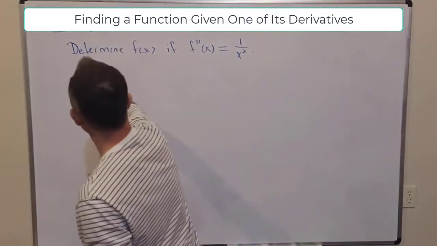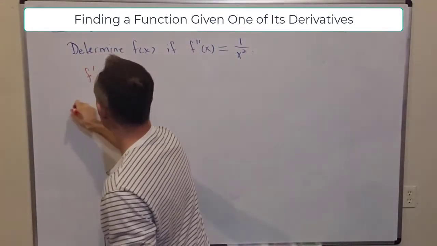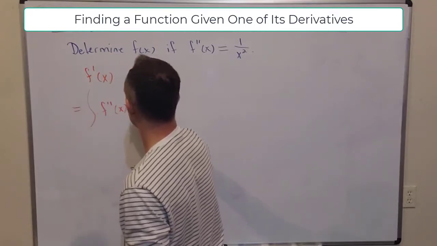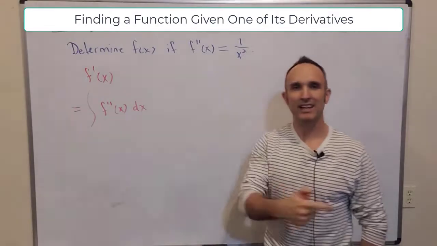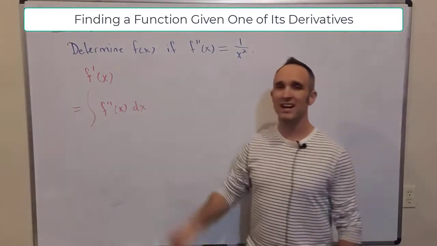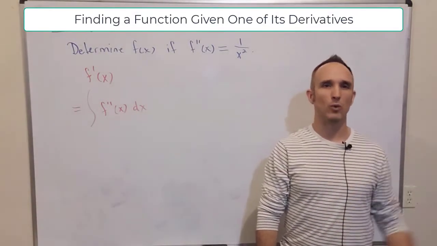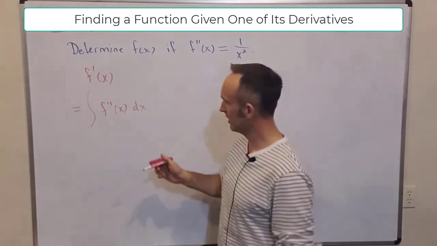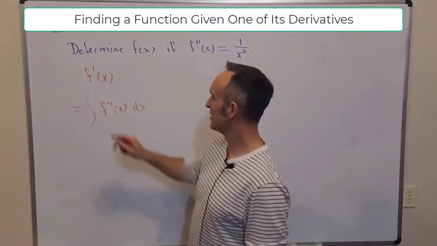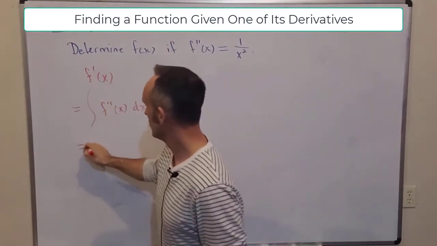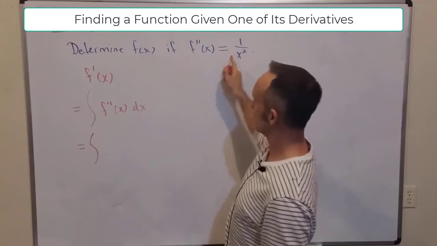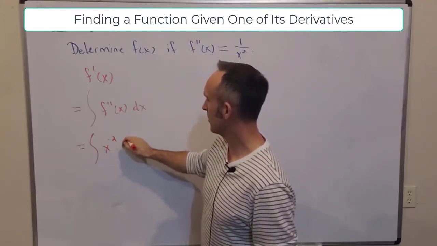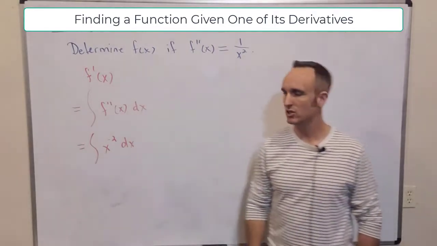So I will write f prime of x equals the antiderivative of f double prime of x with respect to x. And again, it takes practice to remember writing this dx, and you'll see later on why it's so important. Do not leave it off. It's very important notation. Okay? So f prime of x is the antiderivative of f double prime of x, and f double prime of x is 1 over x squared, which would be nice to call x to the negative second power for the purpose of anti-differentiation.